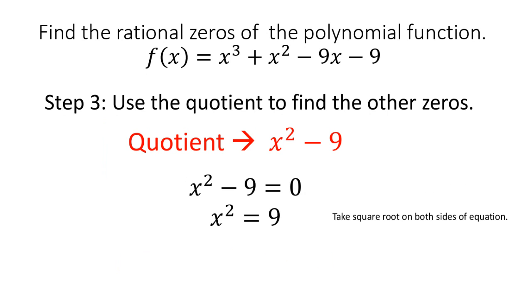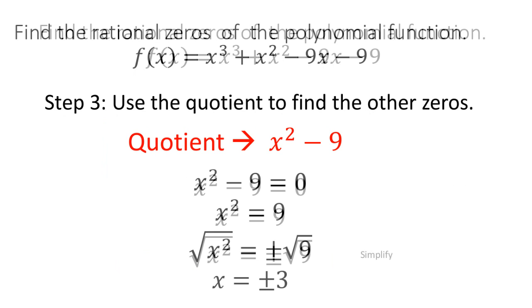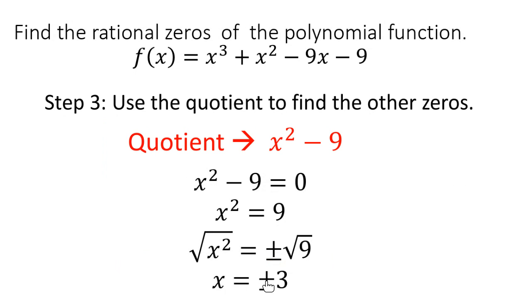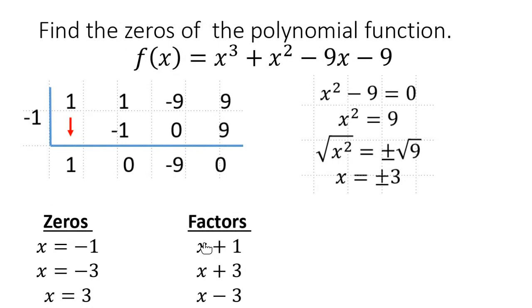So we're going to add 9 on both sides. Take the square root on both sides. So we get x equals plus or minus 3. So my zeros are -1, since it gave me a 0, +3, and -3. Okay, and then the factors, if we take the -1 to the left side, then we get x plus 1, x plus 3, and x minus 3.